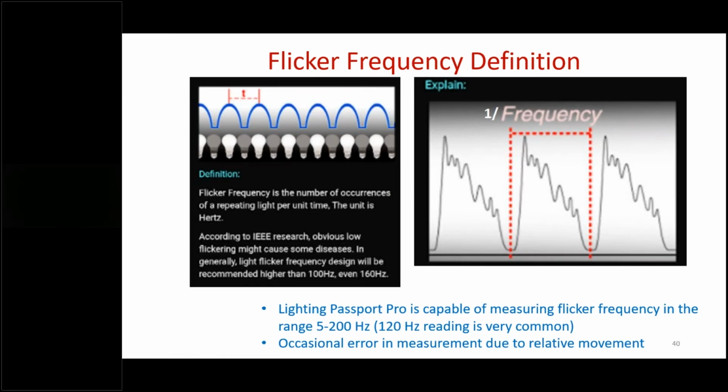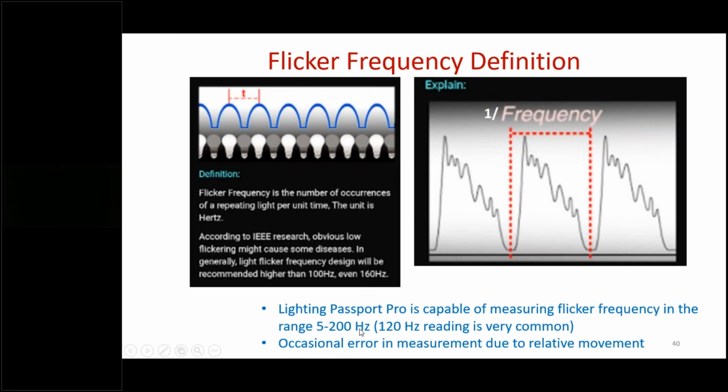frequency of the AC. So if you ever get a number between 1 to 5, it probably shows that you haven't done the correct measurement. It actually gives you an error message. The reason is that if you have a 1 or 2 hertz flicker frequency, you should be able to actually see that with your eye.